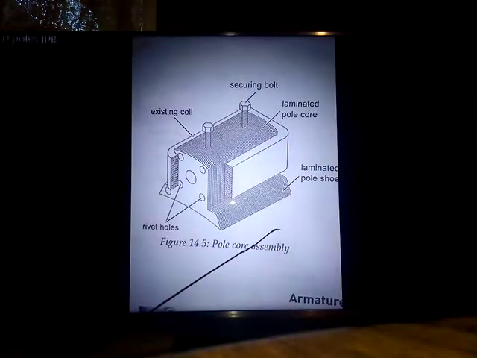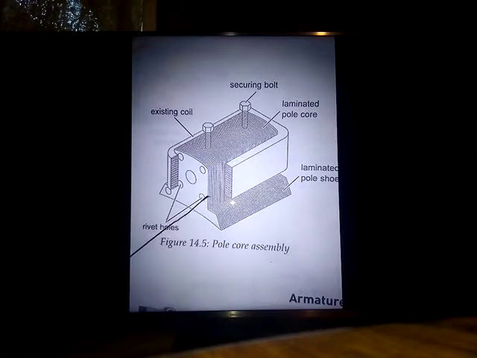Now, we were talking about the poles. Let's go a little bit to our poles. Our poles are also manufactured the same way as the armature core. We've got a lot of laminated plates. They are put together to form a pole. Now we know the purpose of the plates is to help with cooling down and to get rid of eddy currents.